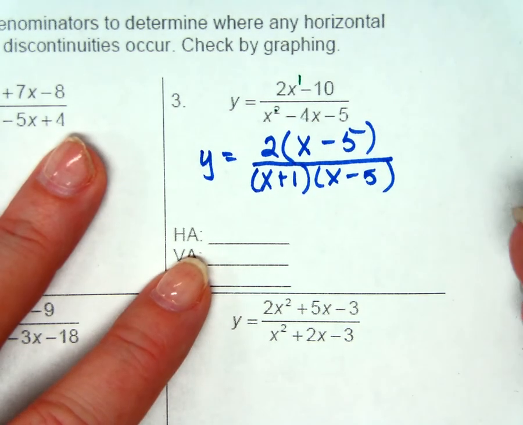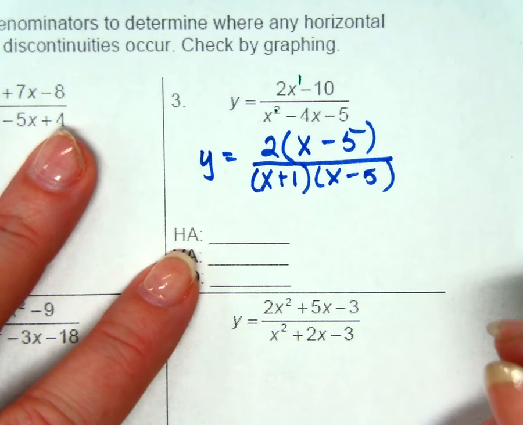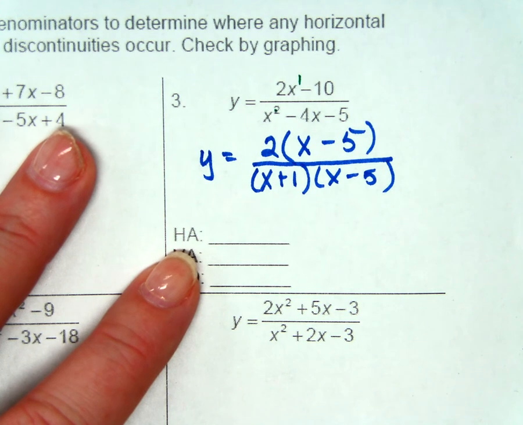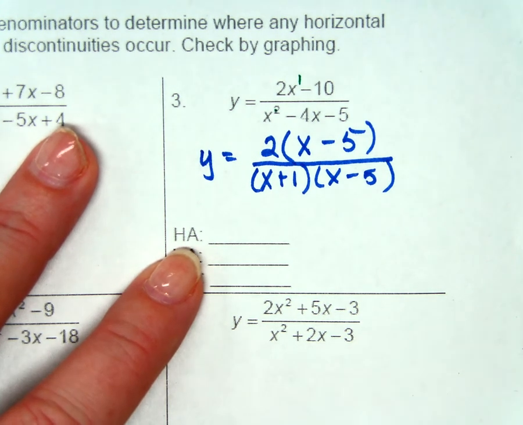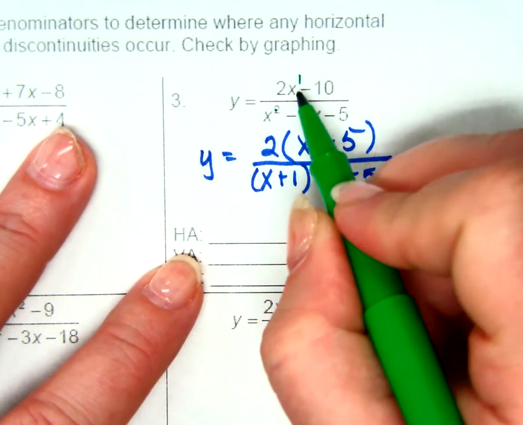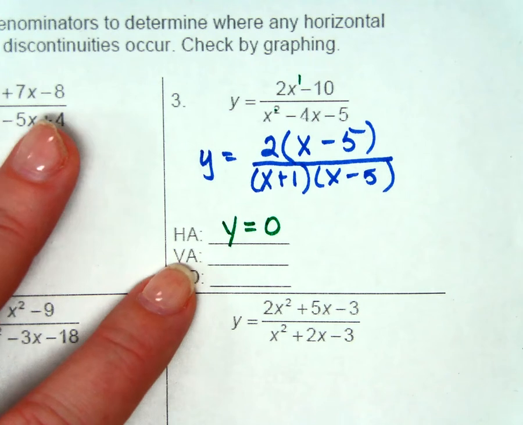Compare them. The denominator is greater. If you were not positive, you could look back at your notes. That's the whole reason I give you notes, so you can refer back to them. Since the denominator is greater, there's a horizontal asymptote at y equals 0.